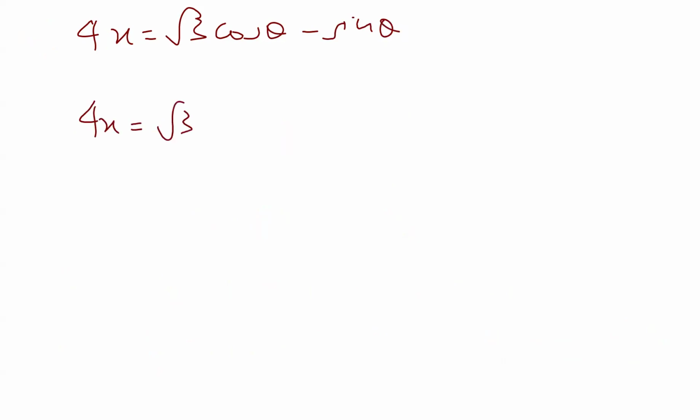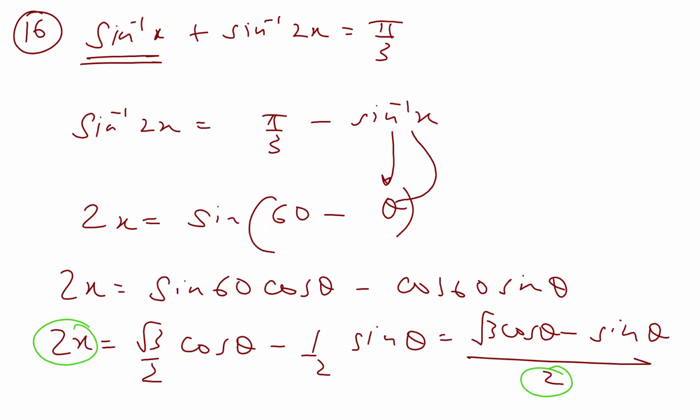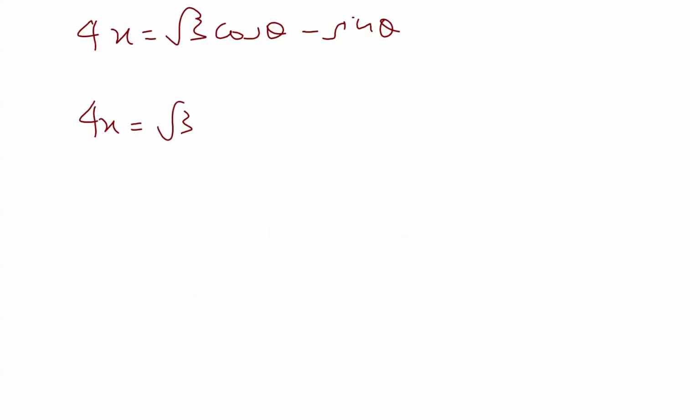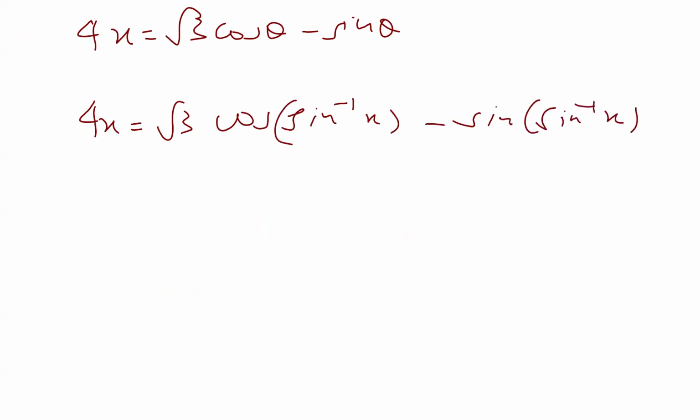Now the value of theta, let us try and understand. Theta is equal to sine inverse of x, so cos of sine inverse of x minus sine of sine inverse of x. So this sine and sine inverse will get cancelled.